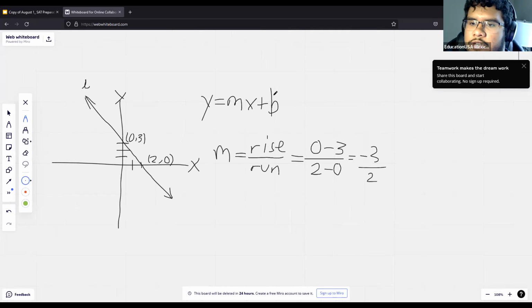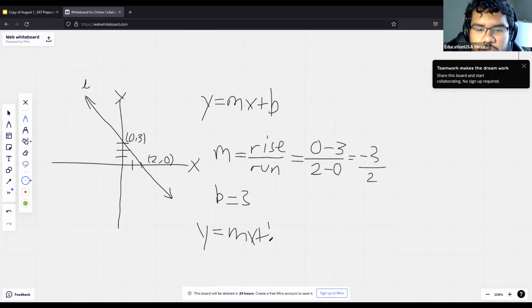All you have to do is look at the y value of the line whenever x is 0. We already have that point here, and we can see that y is 3. So that means b is just 3. So in the form y equals mx plus b, we get -3/2 x plus 3.